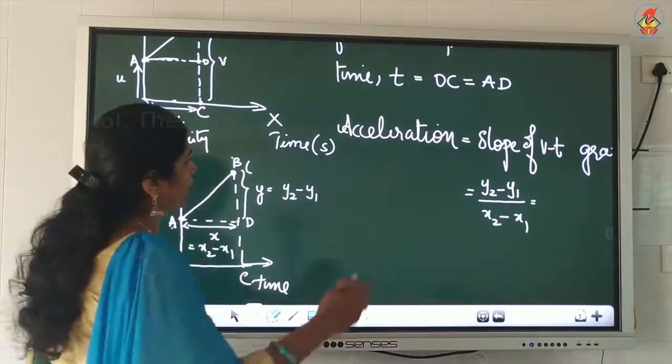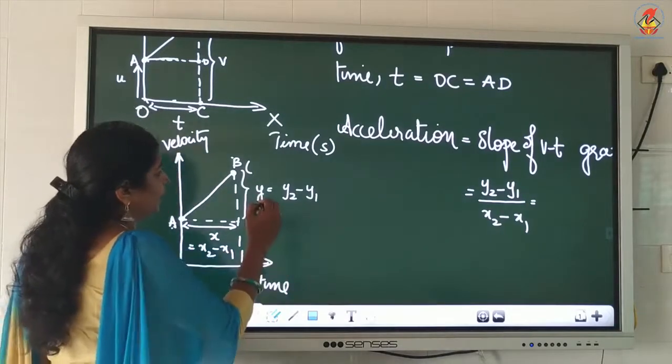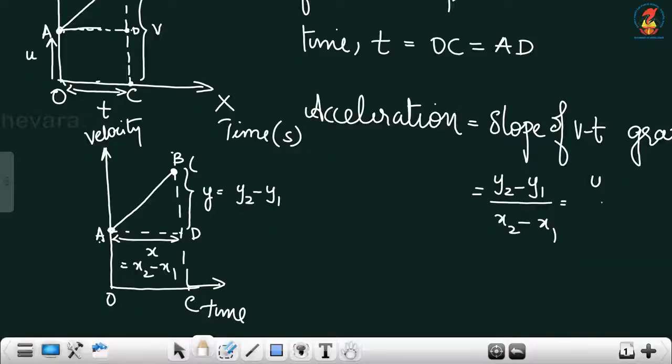So, instead of writing y2 minus y1 by x2 minus x1, I will write it as y by x. Now, from this graph, what is y?